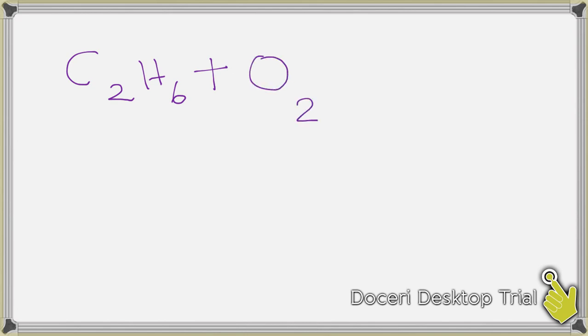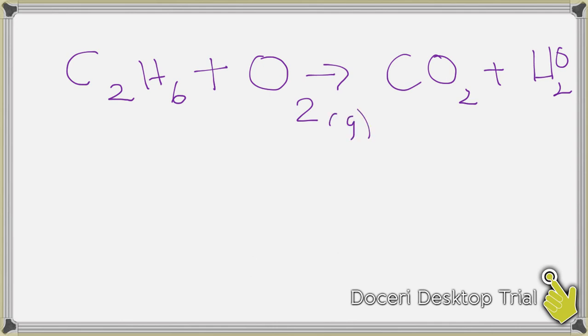Combustion always needs oxygen and gives carbon dioxide and water. Oxygen is a gas, carbon dioxide is a gas, water can be gaseous too. Always you should see oxygen on the reactant side, and carbon dioxide and water on the product side. So that is the combustion reaction.